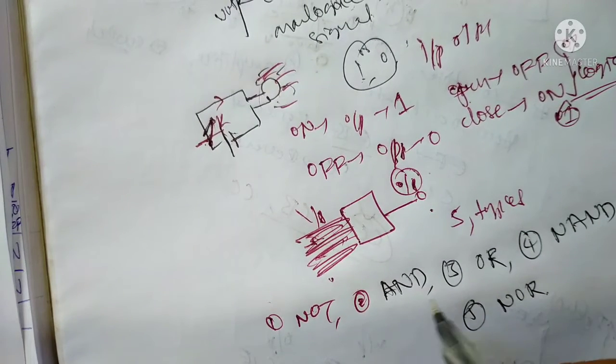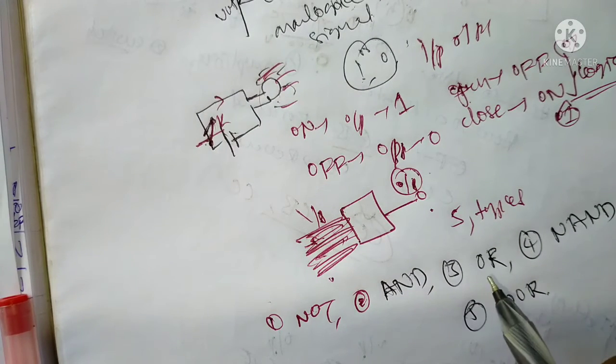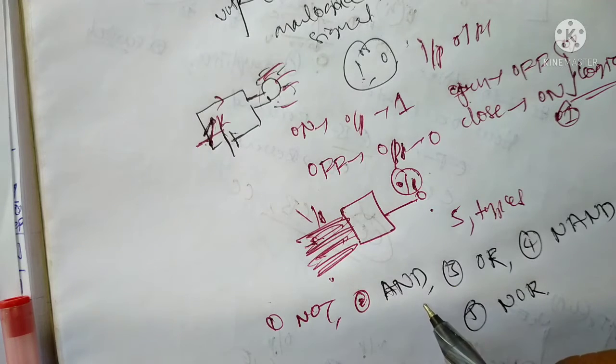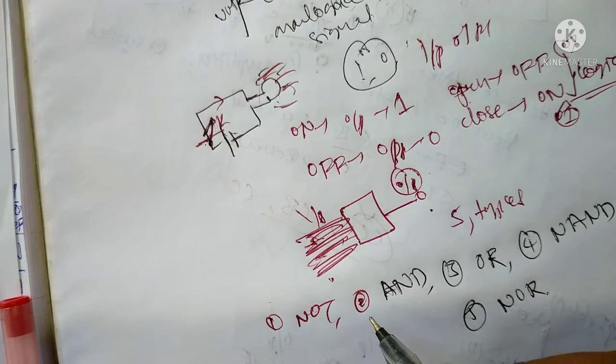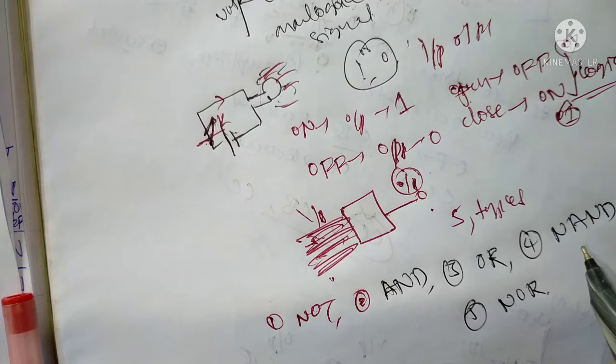These are the logic gates according to the input-output relationship between the input and output signals or voltages. There are also more types, like the XOR gate, but the basic gates are the NOT gate, AND gate, OR gate, NAND gate and NOR gate.